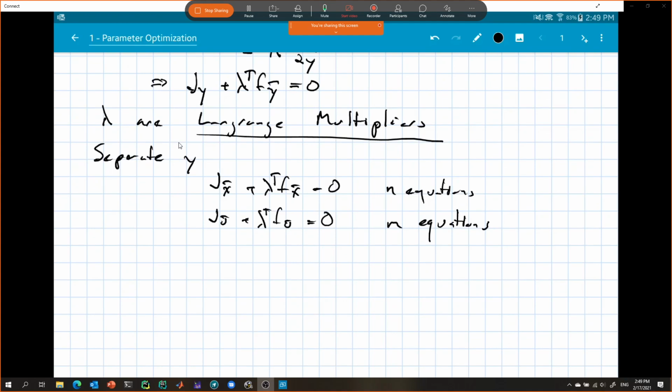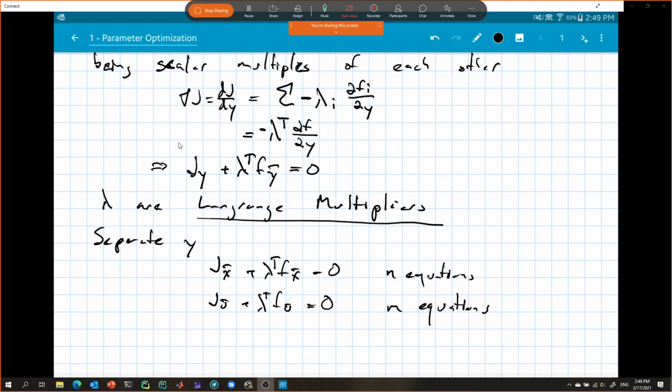So let's call this 1.12. Oh, actually, sorry.